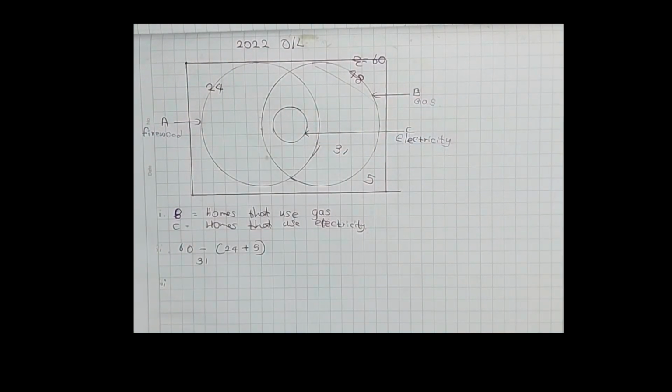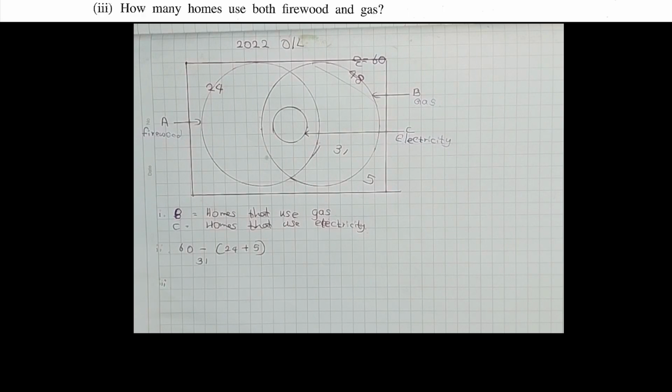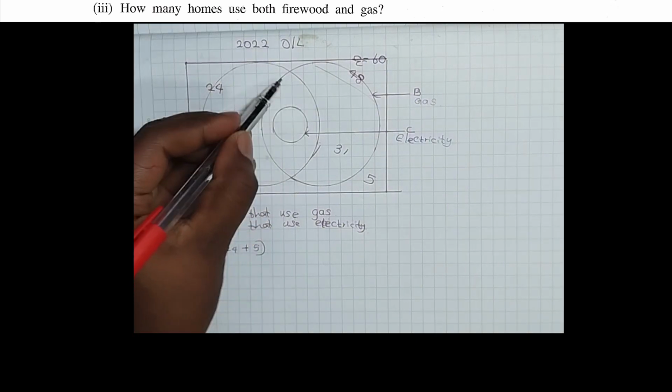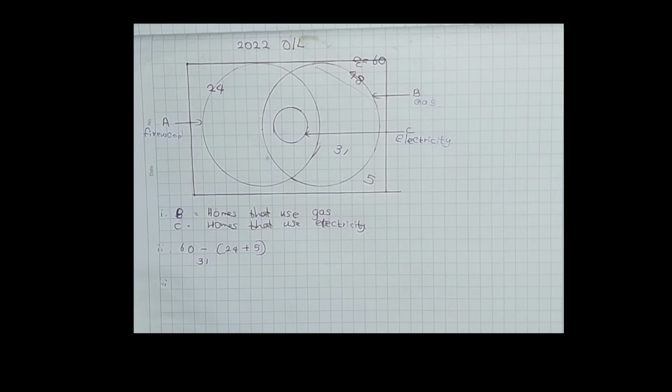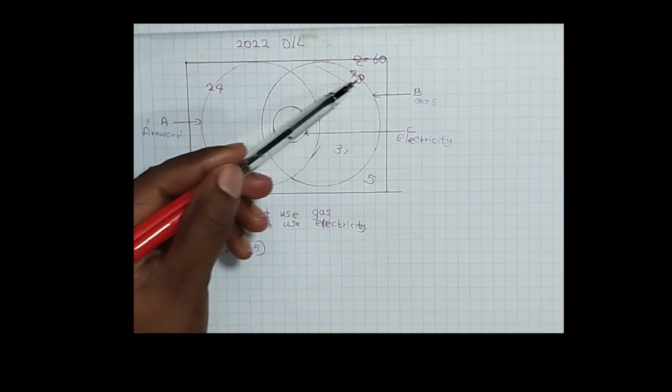Okay. How many homes use both firewood and gas? They are asking for the intersection of A and B. It means this region. We can find it. Now we know two elements here.